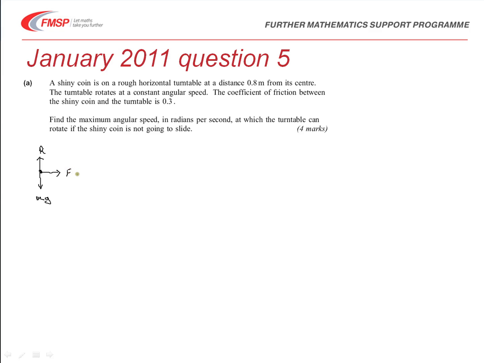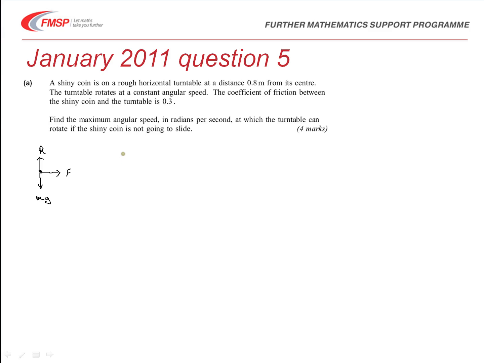Now if the turntable is rotating at its maximum speed, so the coin does not slide off the turntable, then the frictional value must be at its maximum value, at its limiting value.